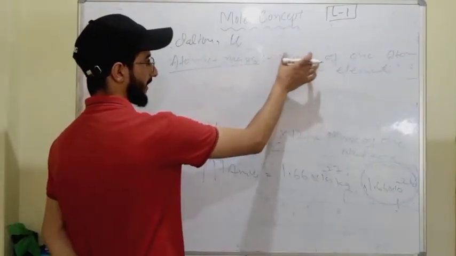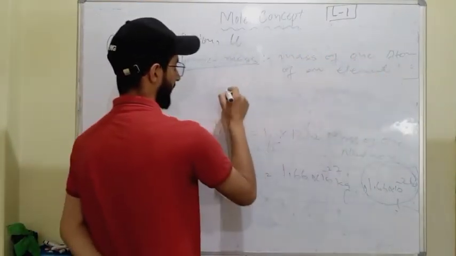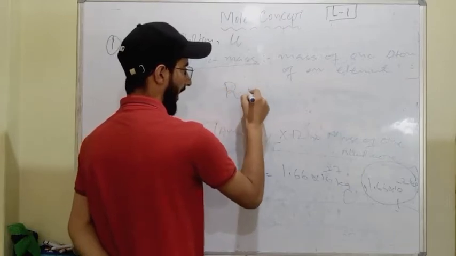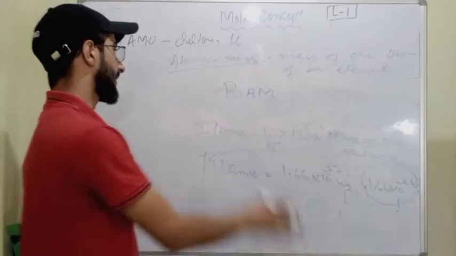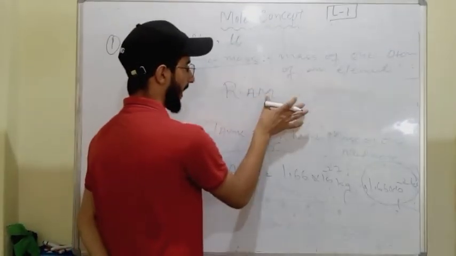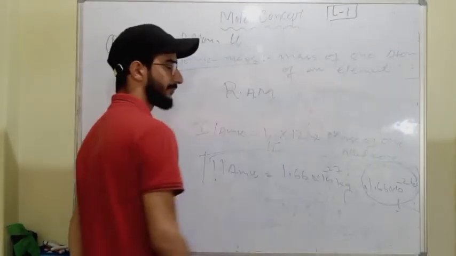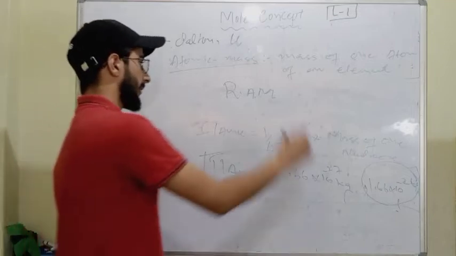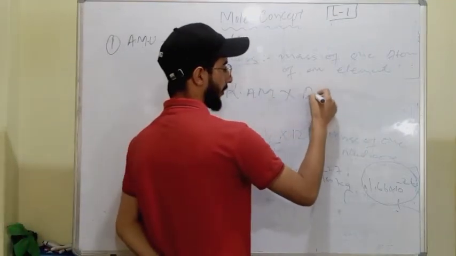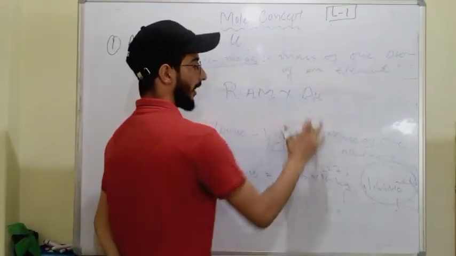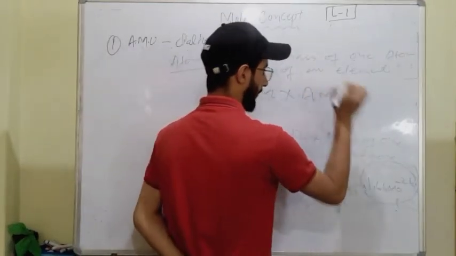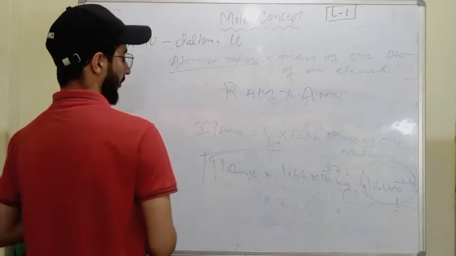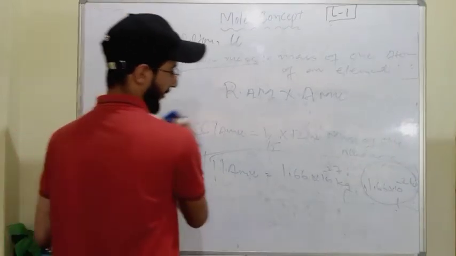We know that the mass of one atom of an element is equal to the RAM, relative atomic mass. In the previous case we have already calculated it: it will be equal to relative atomic mass into AMU, if I am giving the units to it.